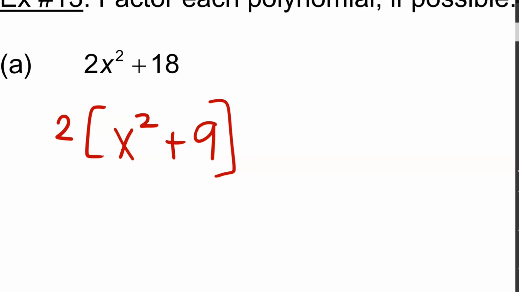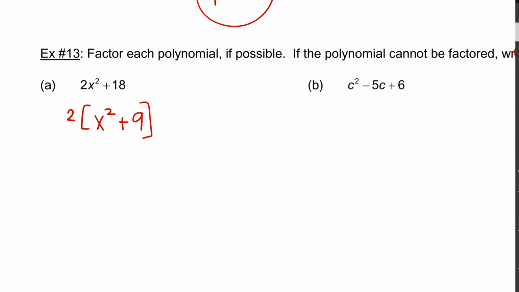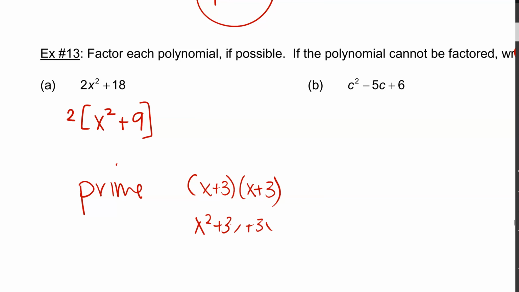Wait, 9 is a square root, so can you factor x plus 3? If you think it's x plus 3 times x plus 3, let's see what happens. FOIL this out: x squared plus 3x plus 3x plus 9. I have 6x in the middle that isn't up here.